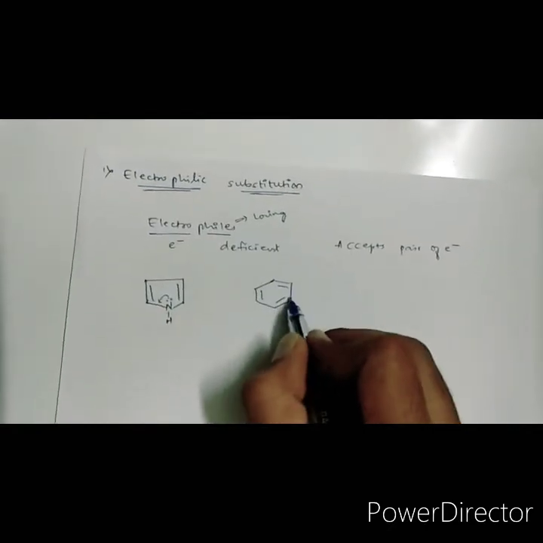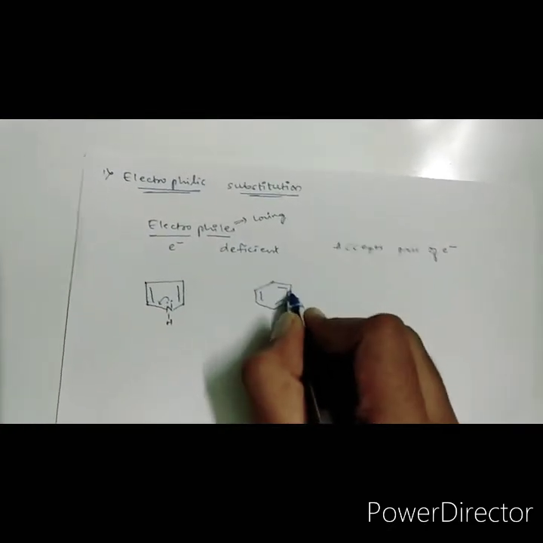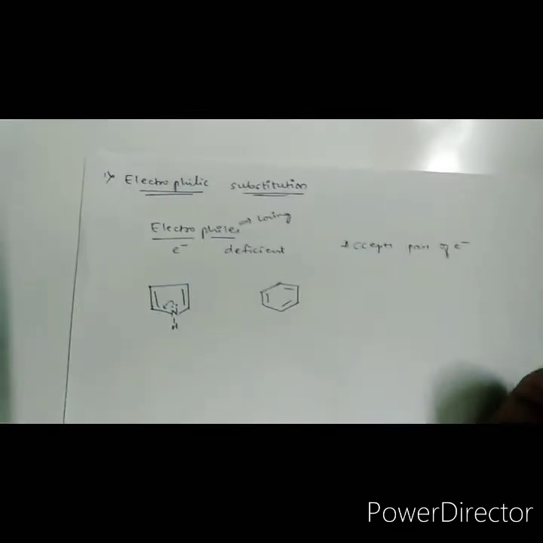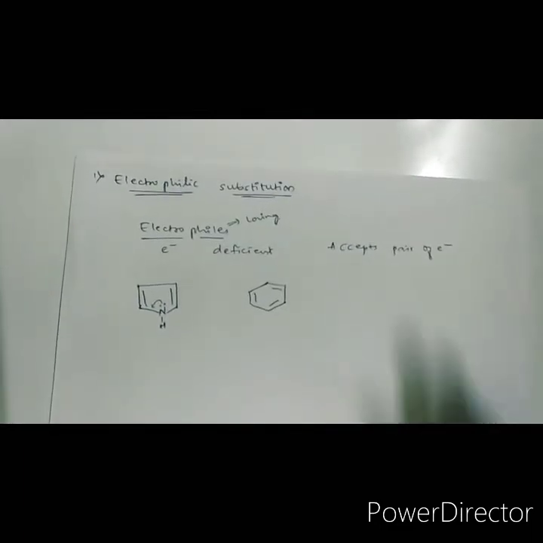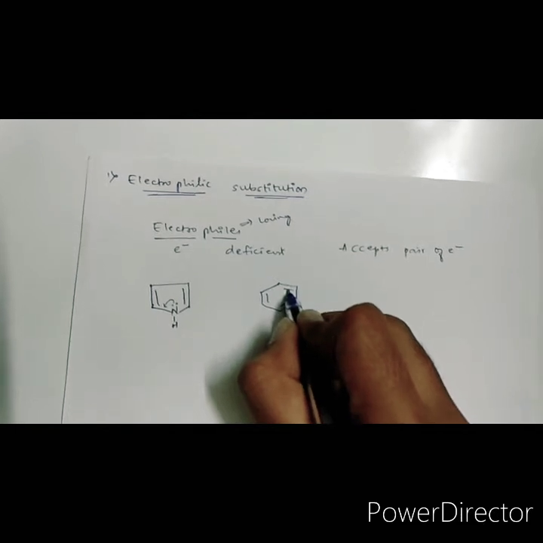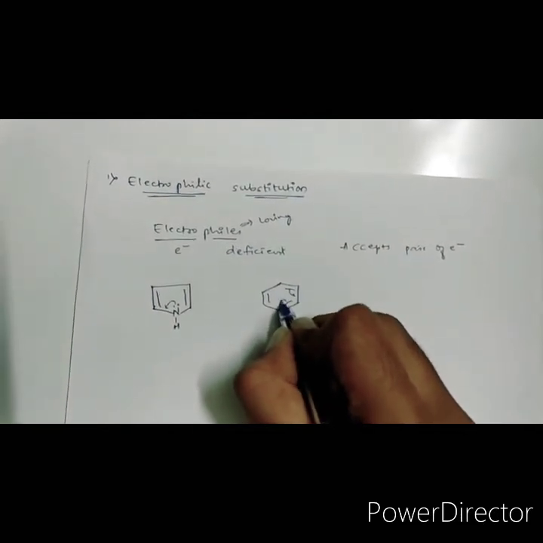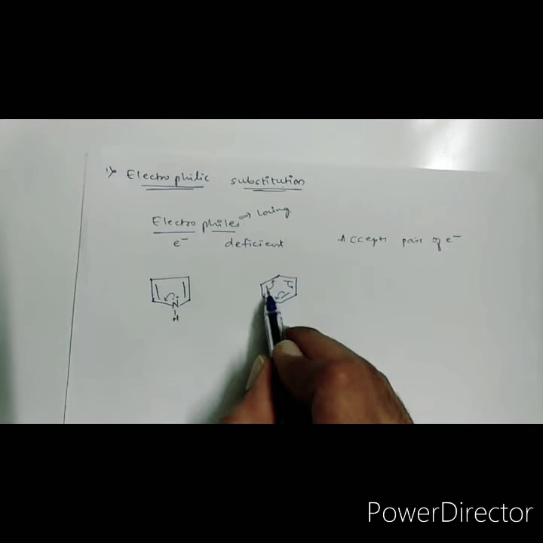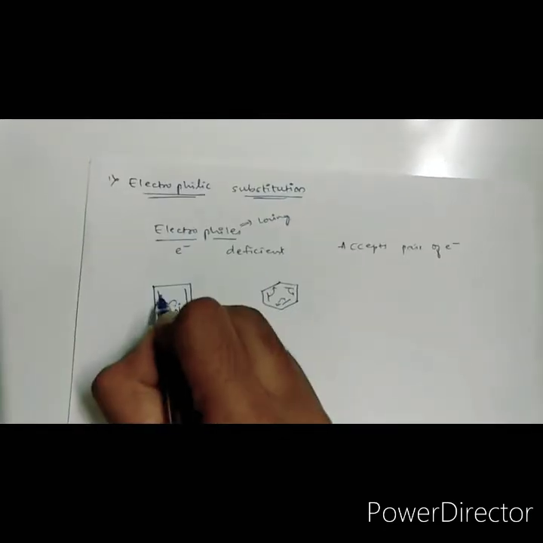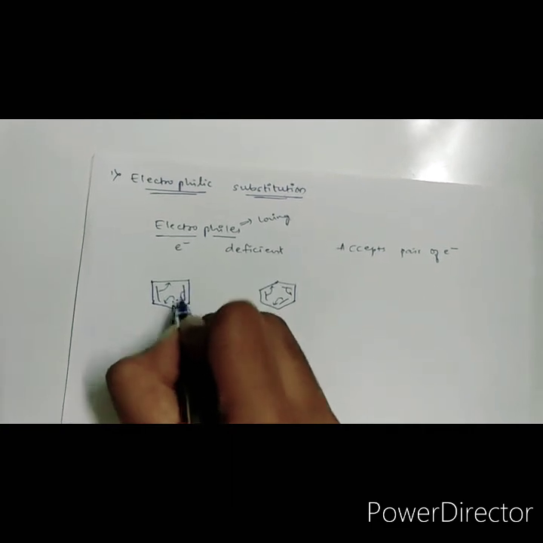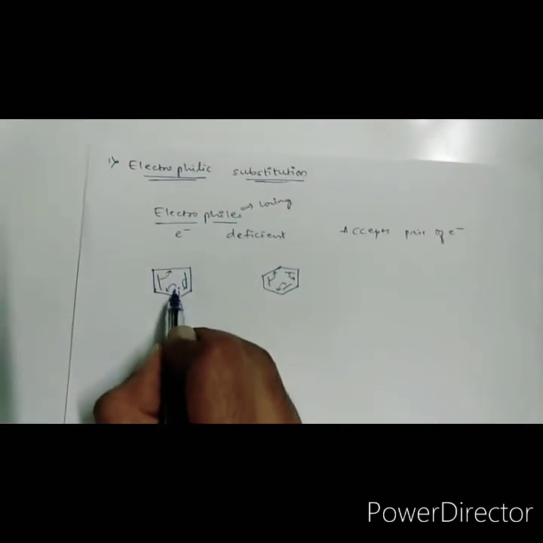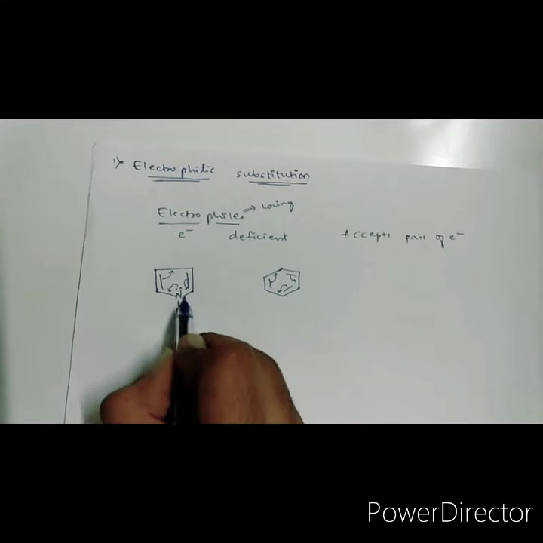But in benzene, there is no heteroatom and there is no donation of lone pair of electrons, but delocalization occurs because of the presence of pi bonds. But in case of pyrrole, delocalization can occur because of pi bonds, but it can also be facilitated because of lone pairs that are donated by the nitrogen.